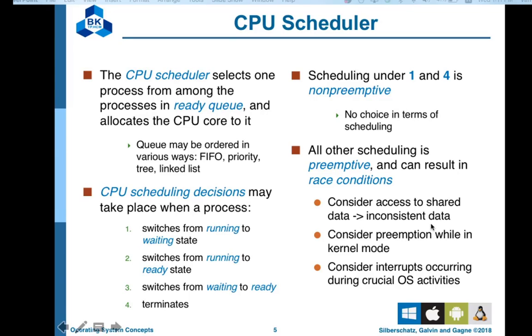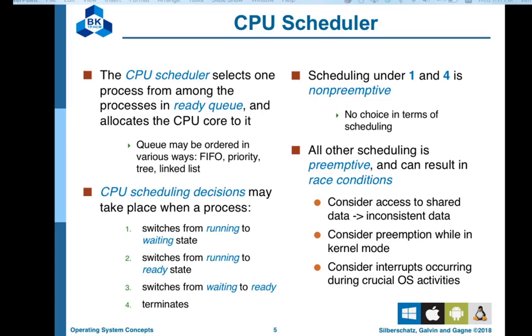Another problem, for example, a process is in kernel mode, for example executing a system call. Another process comes and preempts, so it will affect the kernel mode activity of the process. The same problem with interrupts. You know that if one process is running and an interrupt occurs, the CPU will be taken away to execute the interrupt, so it will lose the input or output of the process.